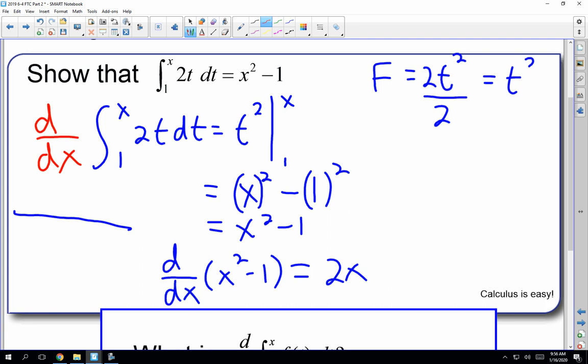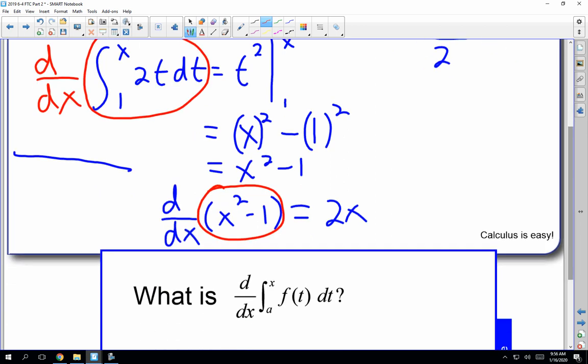Yeah. Because I could swap this and this. They are equivalent. We just showed that. You see how that works? So the relationship here is whatever this function is right here, the derivative of it is the little f. Okay, they're related. That's kind of the big discovery that they came to.